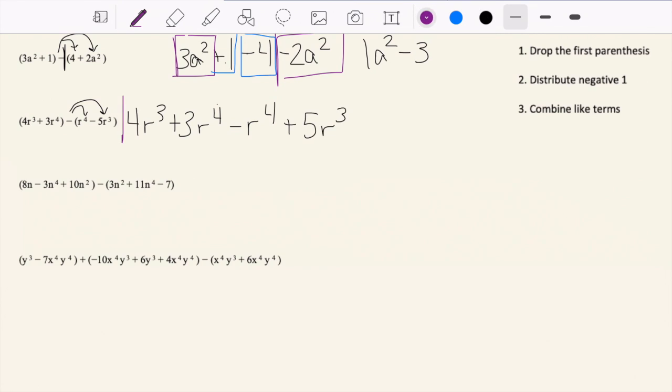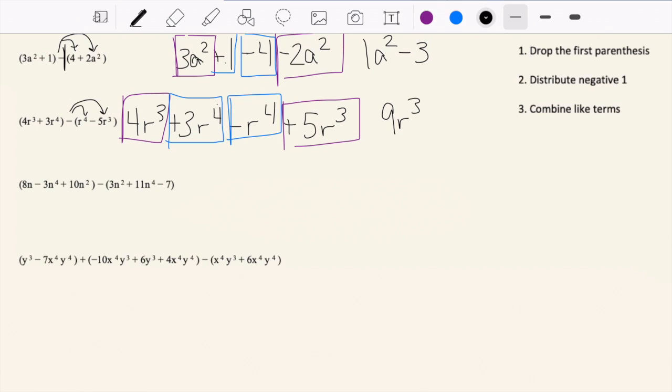All right, and so we have 4r to the 3rd and +5r to the 3rd. And then we have +3r to the 4th and -r to the 4th. So we have 4 and 5, so that becomes 9r to the 3rd.